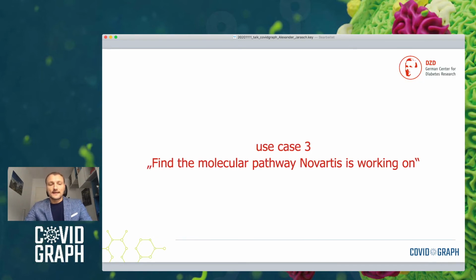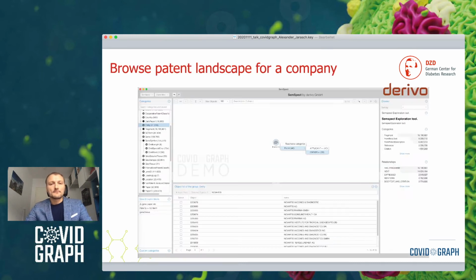Next use case. We have several patent lawyers that are researching patents and scientific publications for one company or the other. And one of the questions here in our test case was, find me the molecular pathway that Novartis is working on.